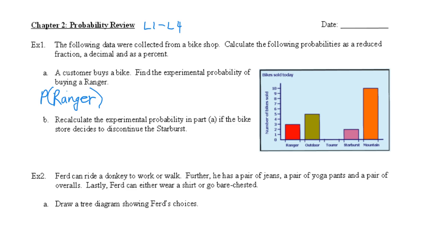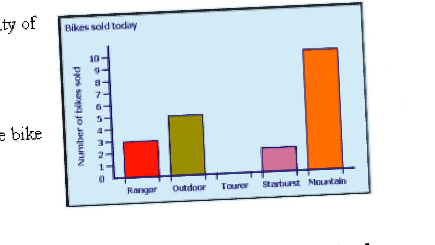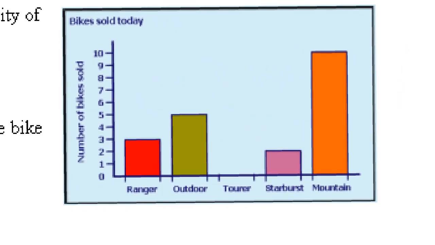And how do we do that? We're actually going to have to take a look at the chart that we have here. So you'll notice that for a Ranger, there is a total of 3 Rangers being sold. And then for the outdoor, we got a 5, and so on.